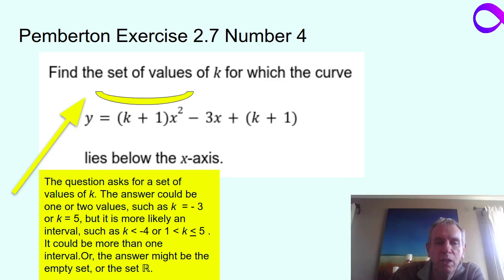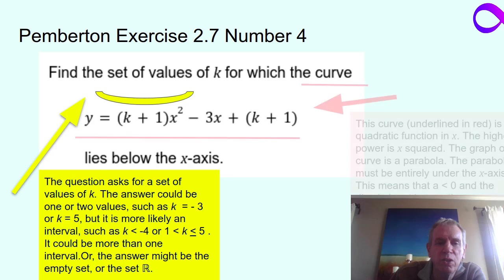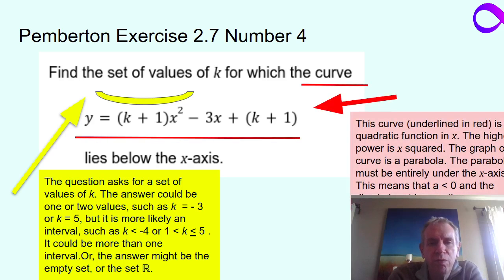Let's go on and look a little bit more carefully at this thing called the curve. This curve, which I've underlined in red, is a quadratic function in x. You can see that y is a function of x squared, and the highest power of x is x squared. So it's a coefficient times x squared minus 3 times x plus a coefficient that stands by itself.